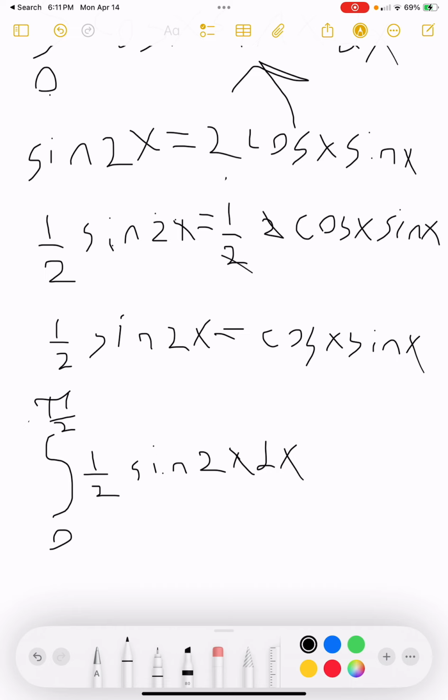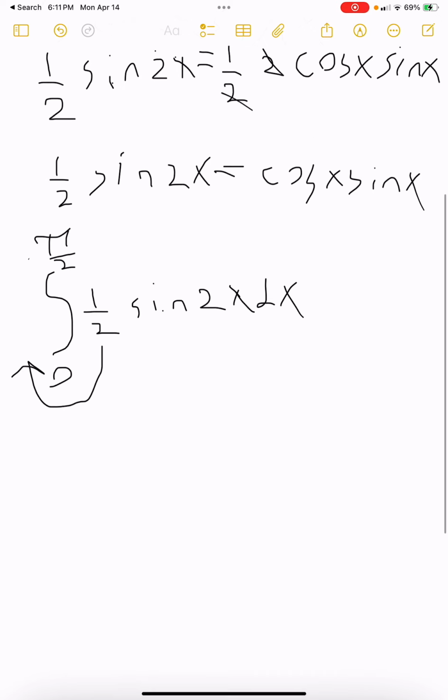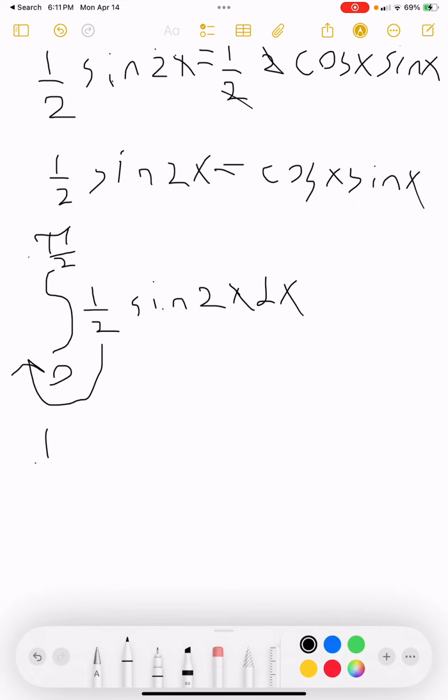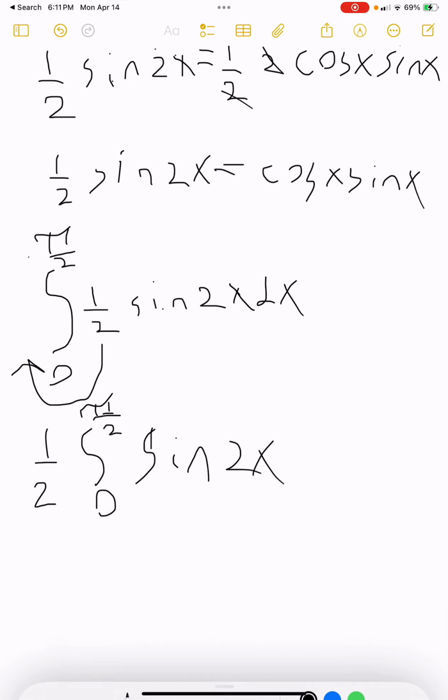Alright, now since 1/2 is a constant, we can pull it out of the integral, giving us 1/2 times the integral from 0 to pi over 2 of sine 2x.